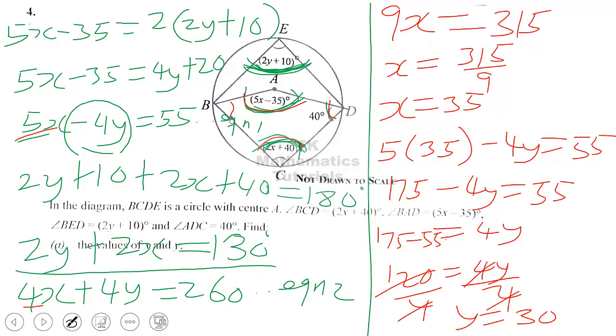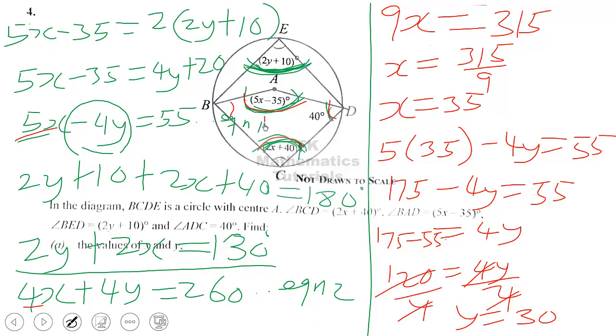So let's substitute x equal 35 here. So 5 times 35 minus 35. That will give us 140.